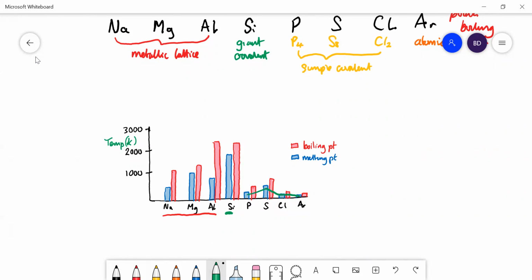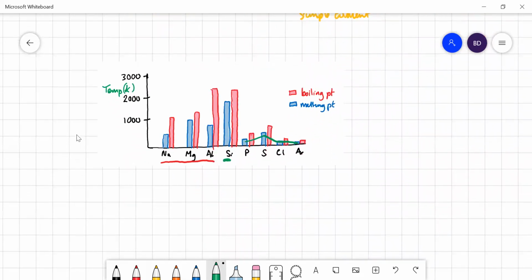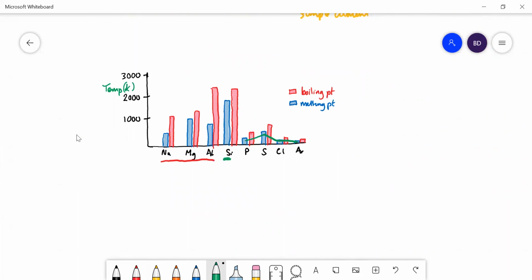Right, let's talk about the metals first of all. Sodium will form a lattice of Na+ ions, and they're quite big, in a sea of negative electrons.